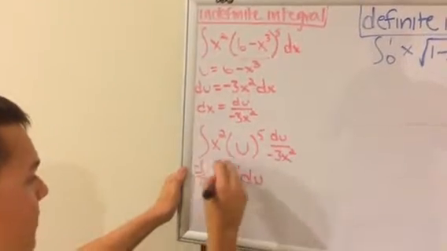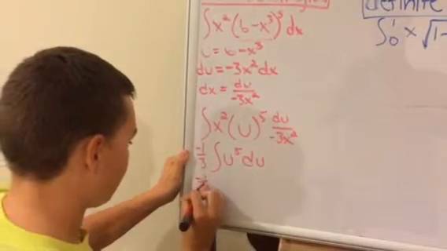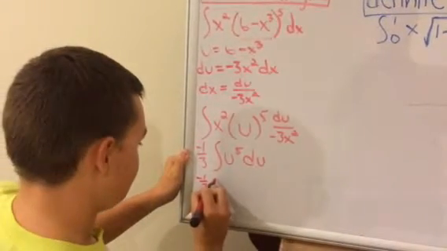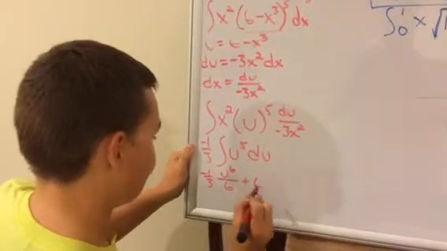So, taking the integral of u to the fifth, you have negative 1/3 u to the sixth divided by 6 plus c.